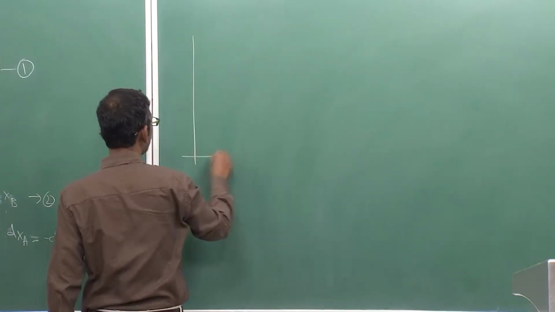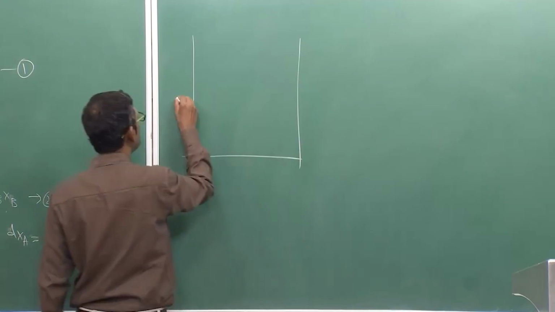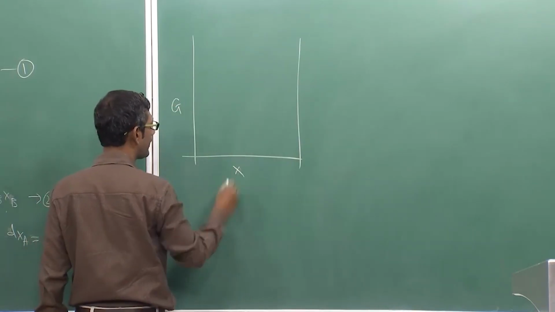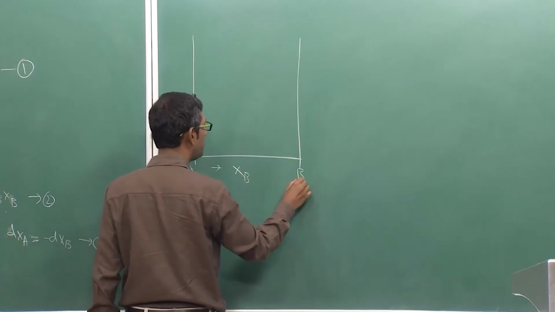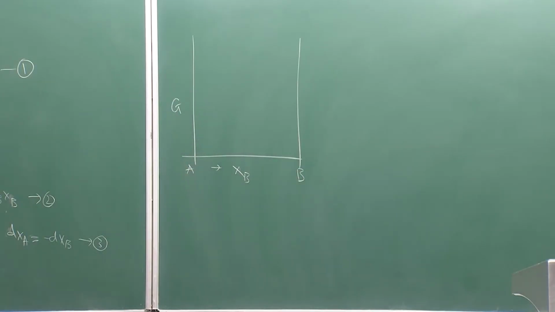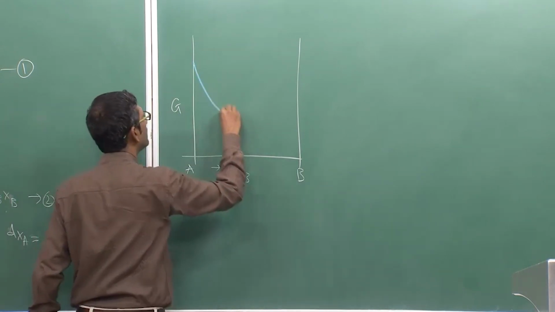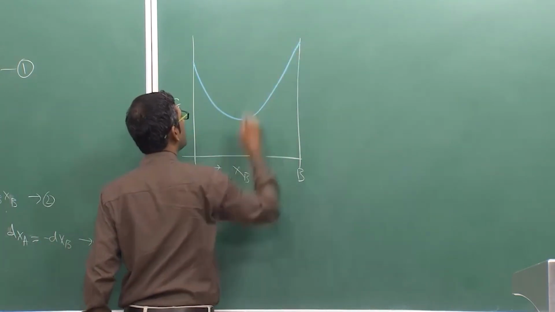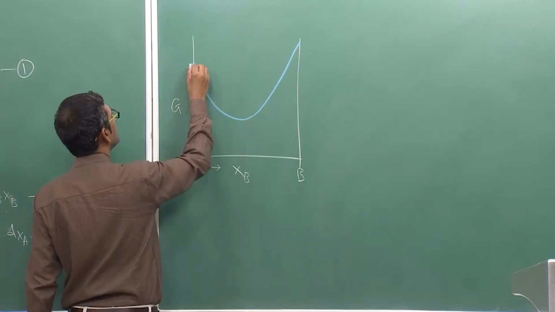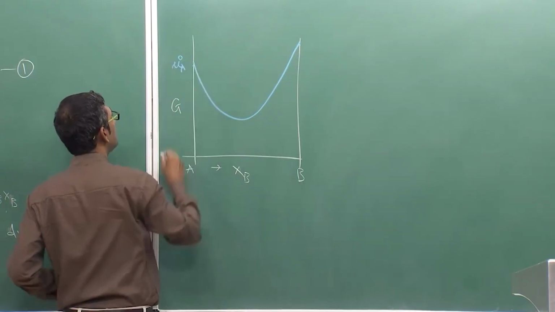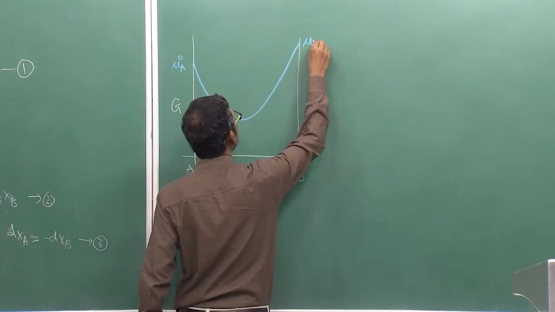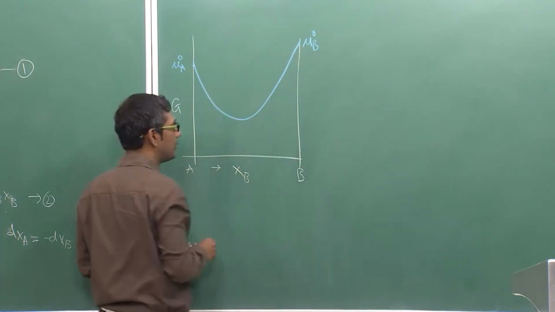Suppose this is my free energy versus composition plot. This is x or xb, whatever you define, with the pure A end and the pure B end. Now I will draw using a colored chalk so that it becomes very easy for you to follow. Suppose this is my free energy curve. So this point is equal to mu A0 and this point is equal to mu B0.